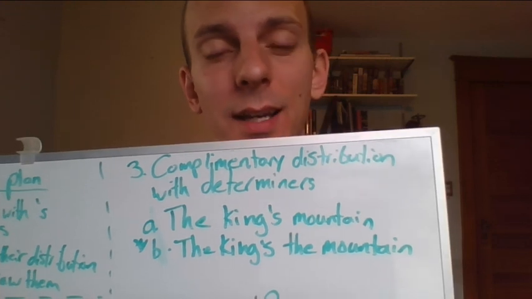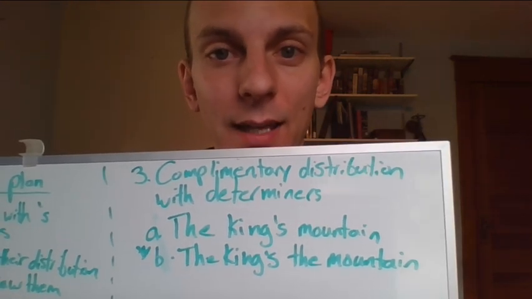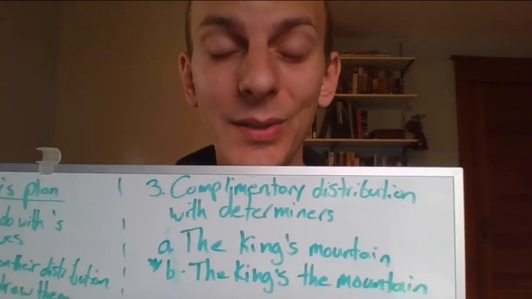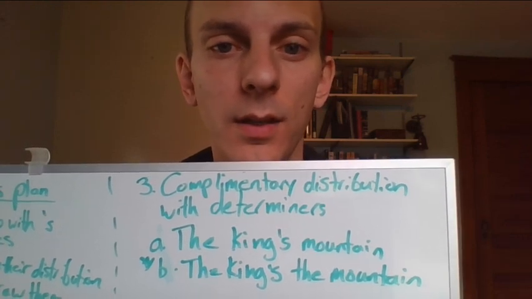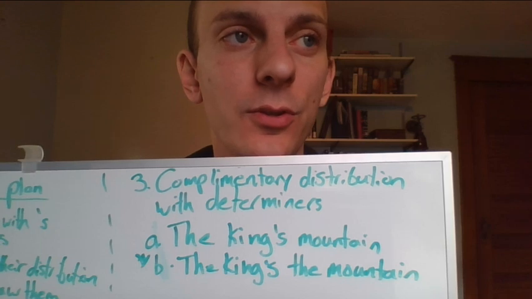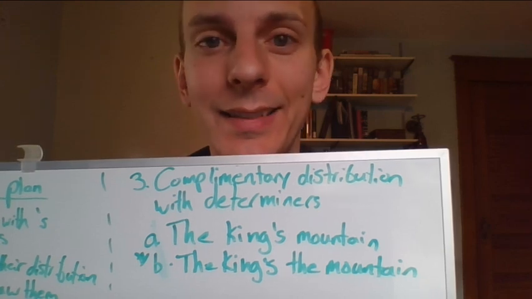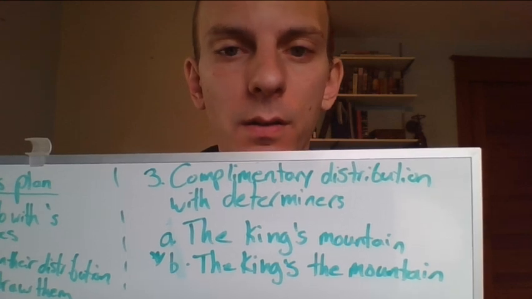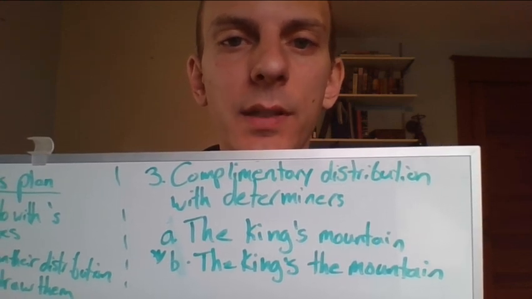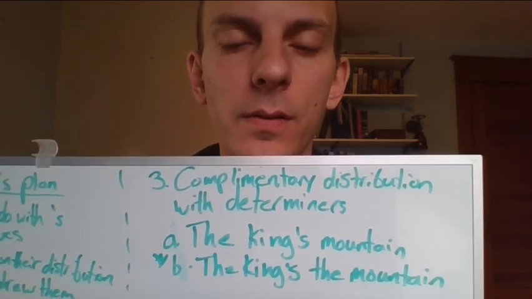That tells us that apostrophe S goes into that determiner slot. That's why you can't have both. This tells us which morphosyntactic category apostrophe S is. It's a determiner. It's in complementary distribution with the other determiners.